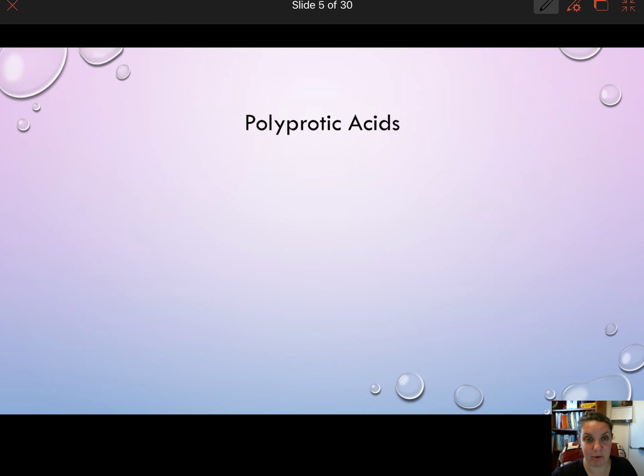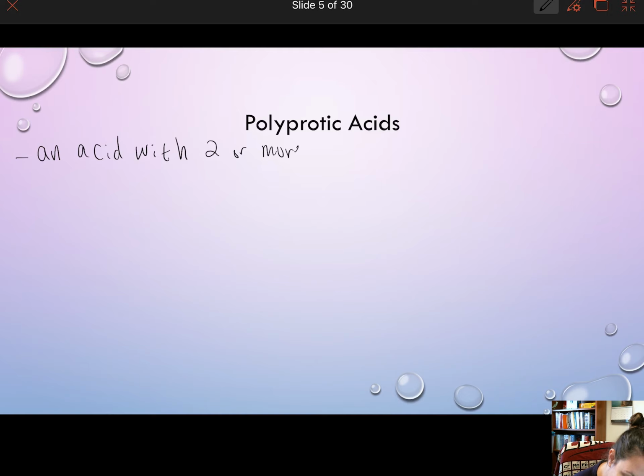Let's look at polyprotic acids now. So a polyprotic acid is when we have an acid that can lose more than one proton. So an acid with two or more acidic hydrogens. So these are going to be hydrogens that are going to be attached more than likely to oxygen.